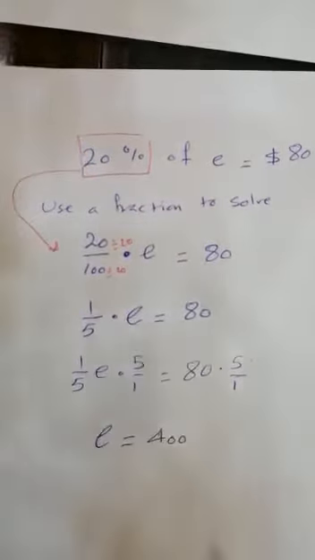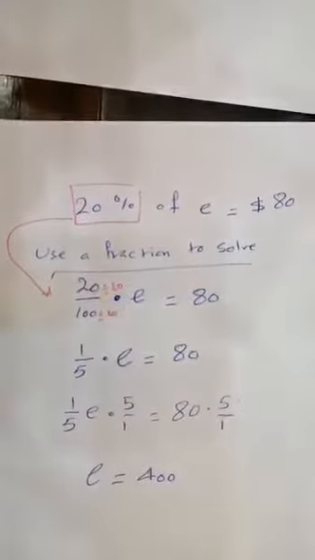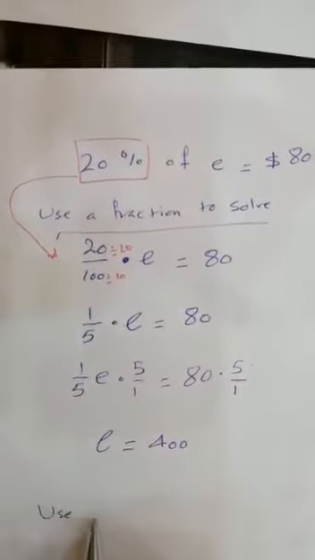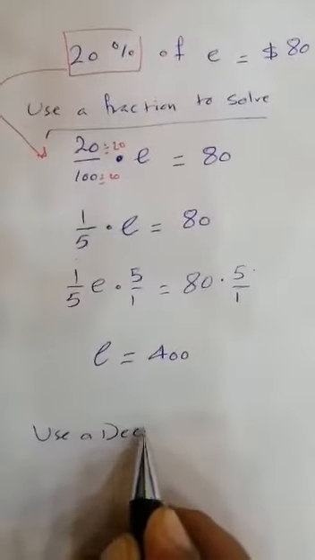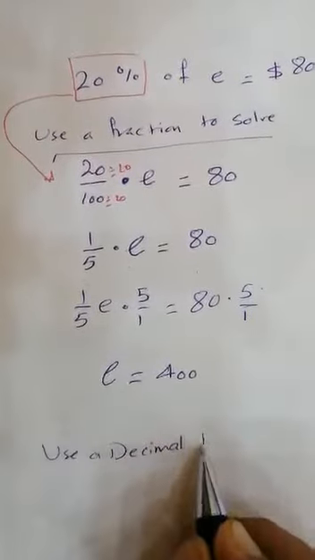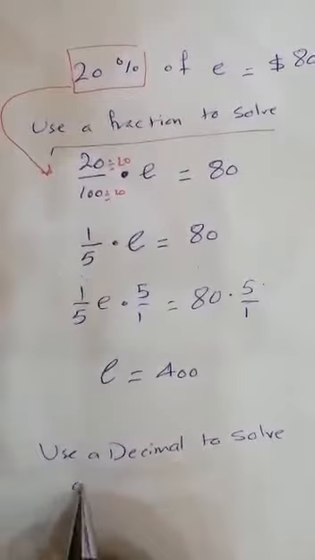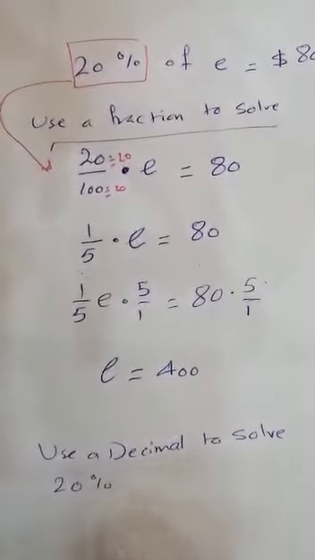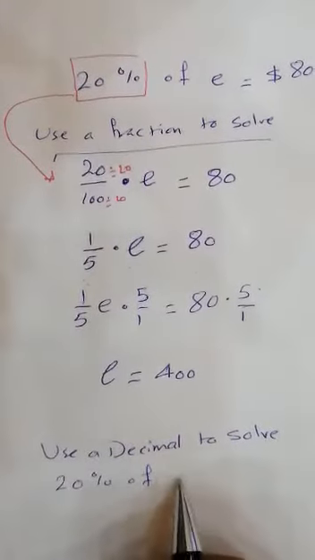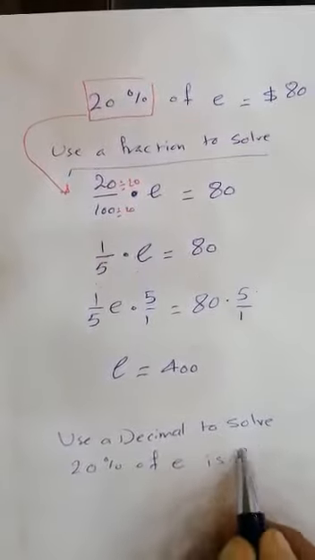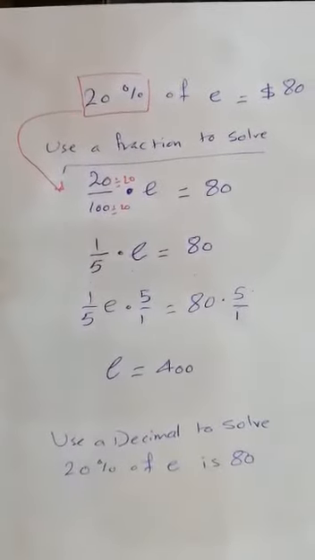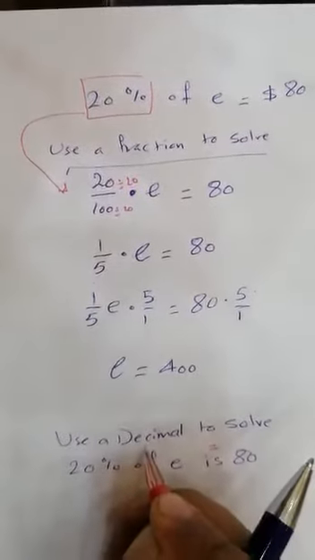Now if we want to use a decimal to solve, then we want to write 20% as a decimal of E is 80, okay? That means of means multiply.